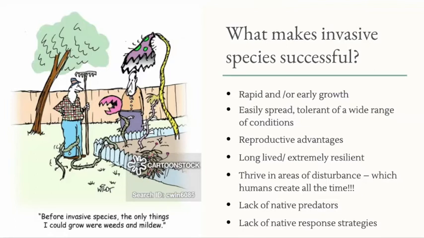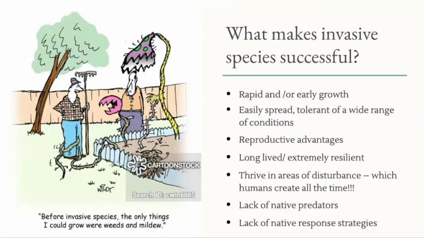Another aspect to this is that these species are able to thrive in areas of disturbance, like I said, cleared areas, or areas that have been dug up or something like that. But at the same time, there's another component to this, which is that they thrive when ecosystems are otherwise at risk.